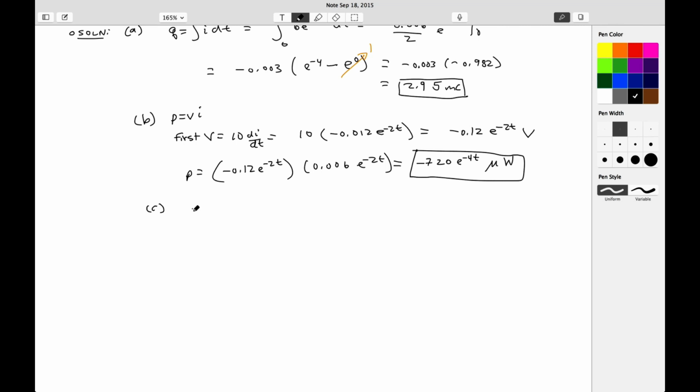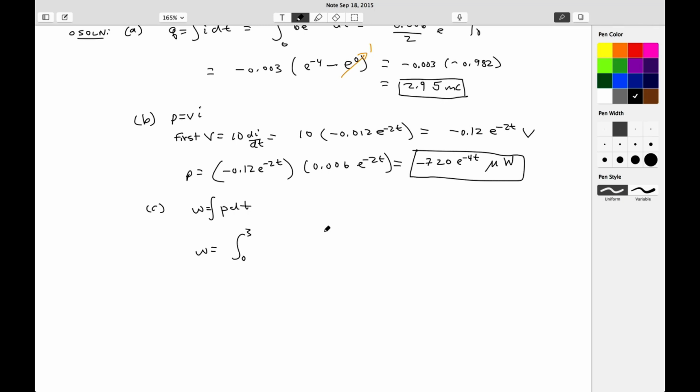I just want to find the energy absorbed, and I do that by integrating power with respect to time. So W is going to be the integral from 0 to 3 of this power, which I found. And this is in microwatts.